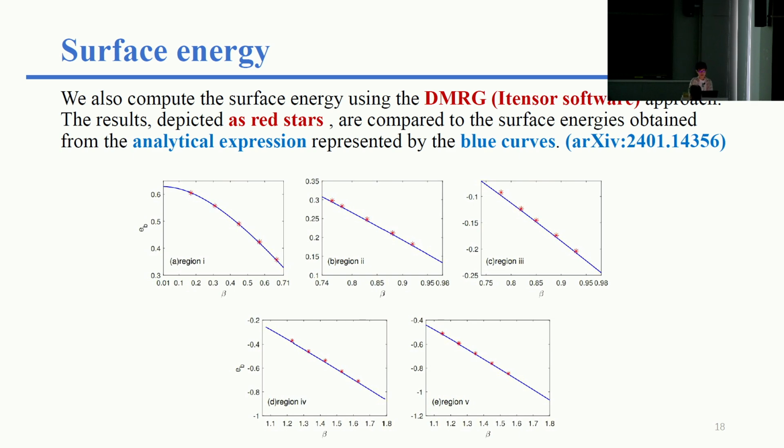This paper, the arXiv number is on this slide, and you can see that the analytical expressions are totally the same as the DMRG, or what the ITensor software gave. So here we can see that our result is right.